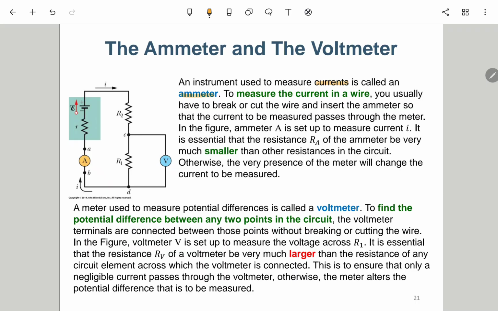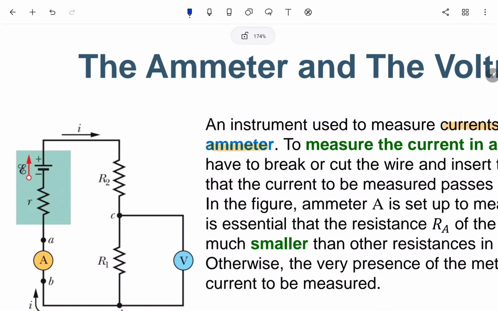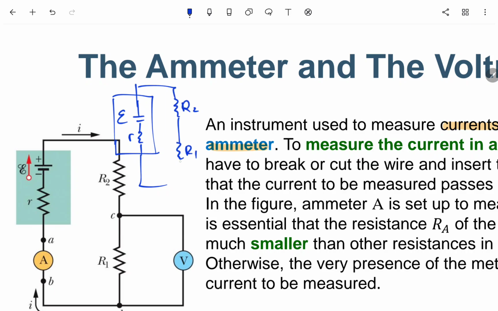Originally, we have a circuit like this: this is E, this is R, a practical EMF, and then this is R2, this is R1. So the original circuit is like this.